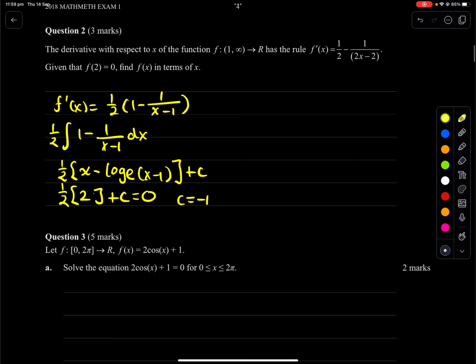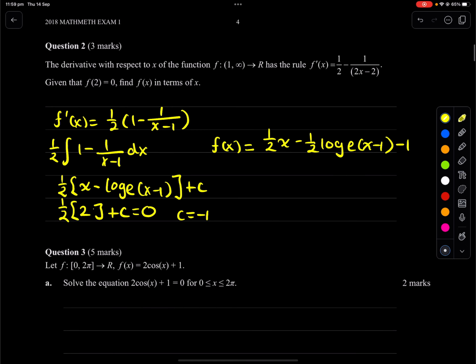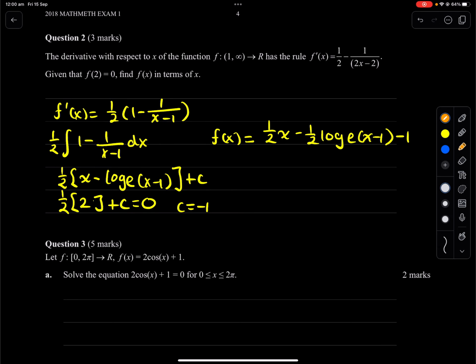So your overall f of x is, we can say half x minus half log e of x minus 1, minus 1. Is that right? It looks good. Yeah, so it looks very good. Perfect. Let me highlight this.